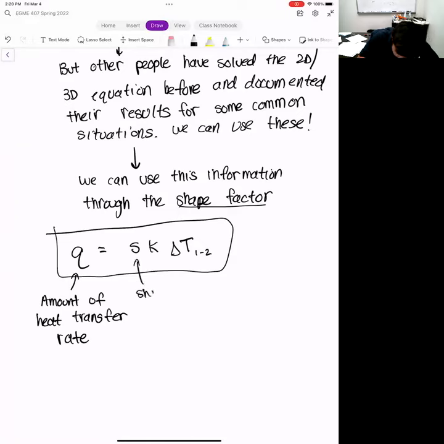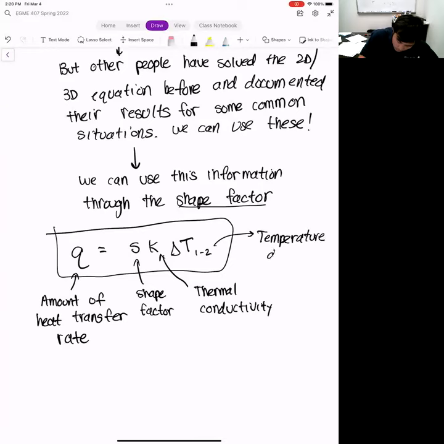So S here is shape factor. K here is thermal conductivity. Okay. Delta T12 here is the temperature difference. Okay, temperature difference between two locations. Okay.